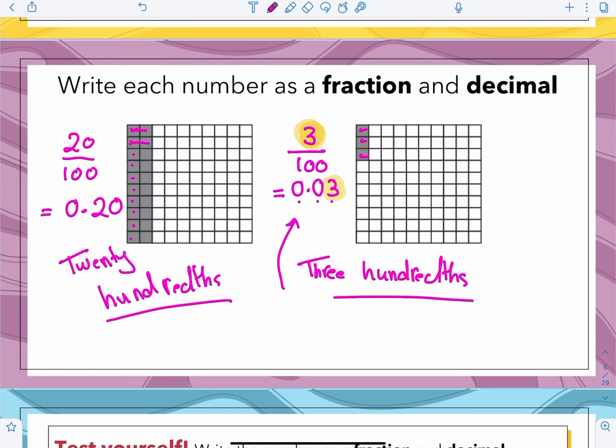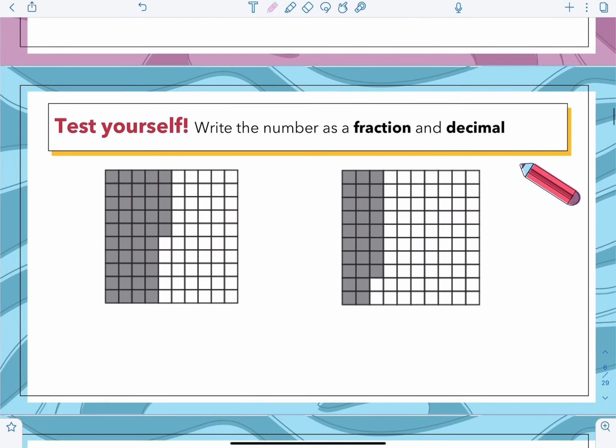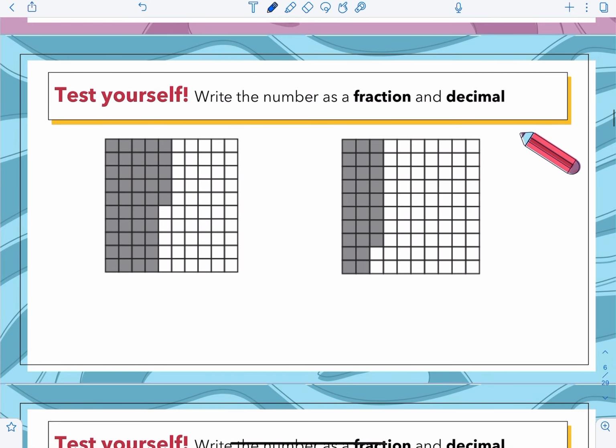Are you ready? Because I want you to test yourself now. Again, stop the video, try to answer this on a paper, and then resume it. Are you done? Let's try to solve this. Here I have one line, which is 10, 20, 30, 40, and 1, 2, 3, 4, 5.